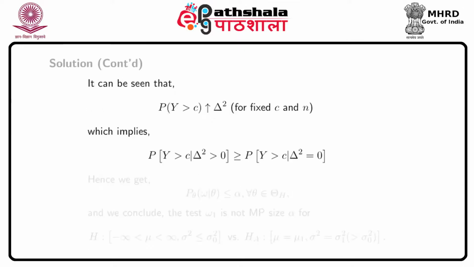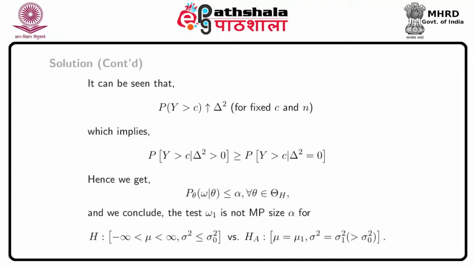It can be seen that probability of Y greater than c is increasing in delta square for fixed c and n, which implies the probability that Y is greater than c under delta square greater than 0 is greater than or equal to the probability that Y is greater than c under delta square equal to 0.